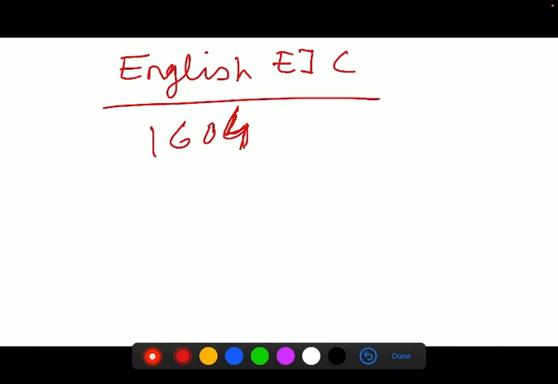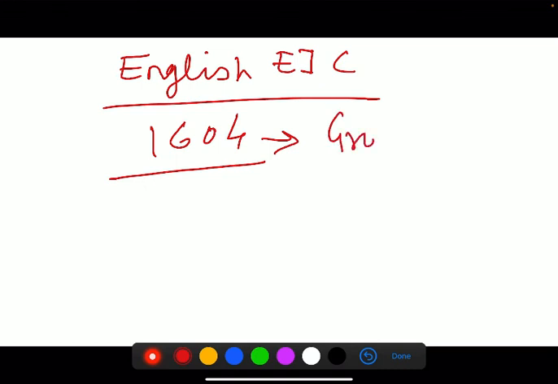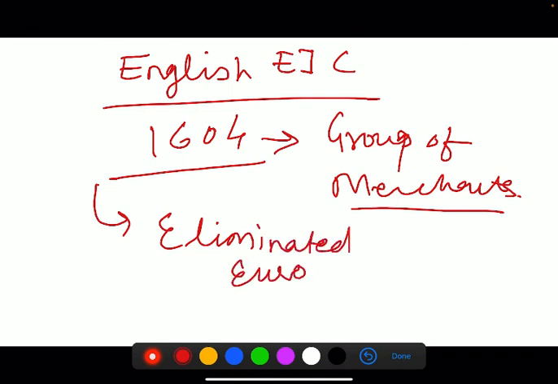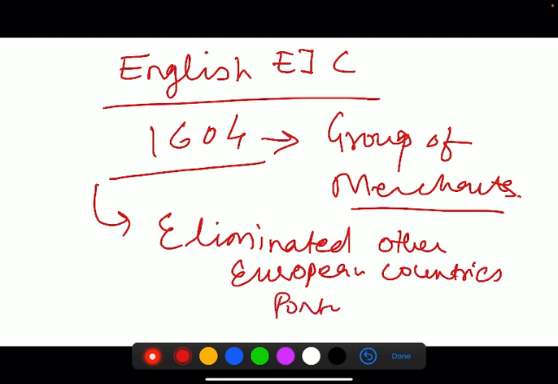A group of merchants came, and the story goes on. We will discuss them in detail, how first they eliminated other European countries like Portugal and Dutch.